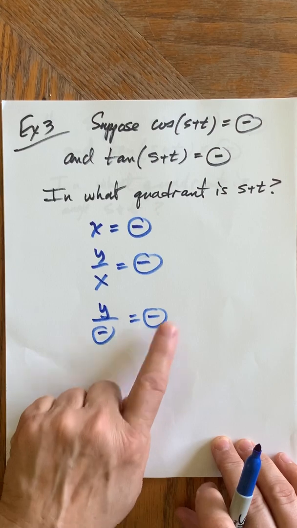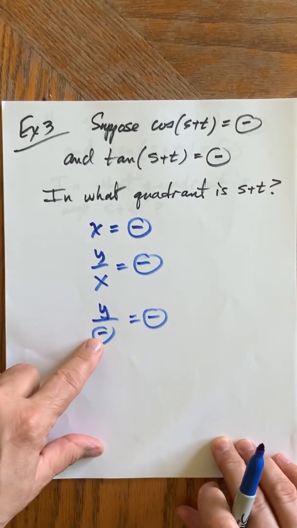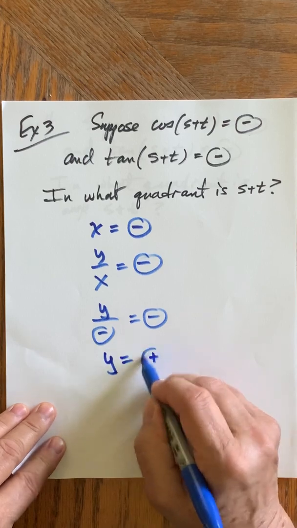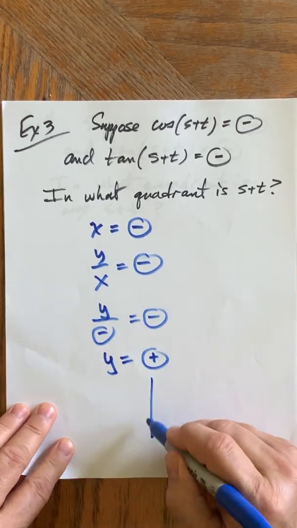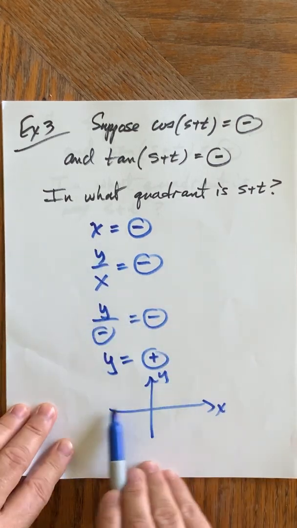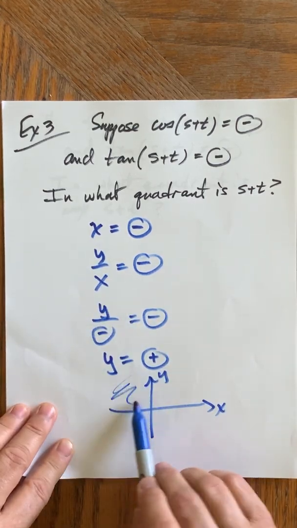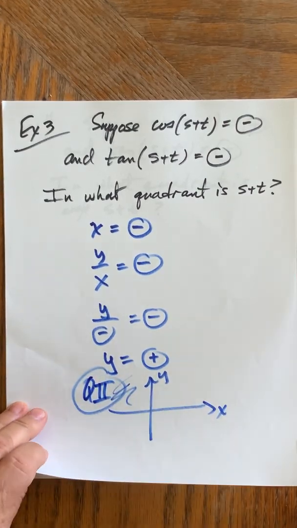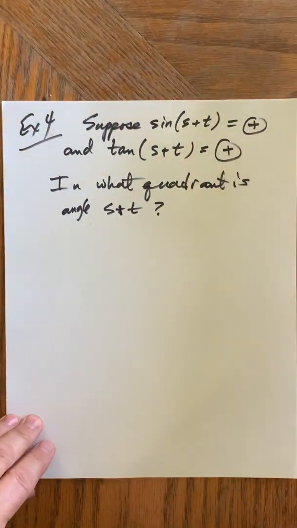For this ratio to be negative, with the denominator negative, the numerator must be positive. So x is negative, so I'm going this way. Y is positive, I'm going that way. So I'm in here. That's quadrant 2. All right, and last one.